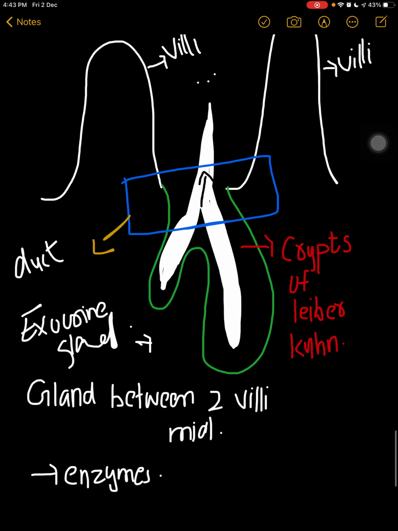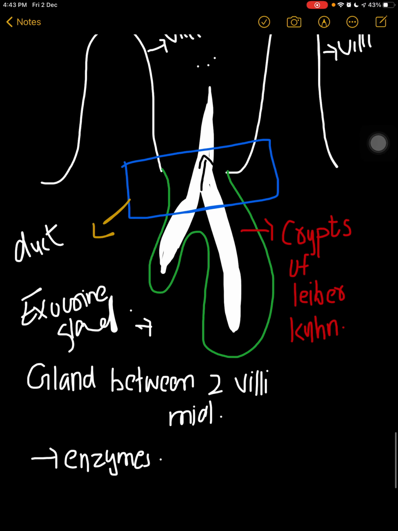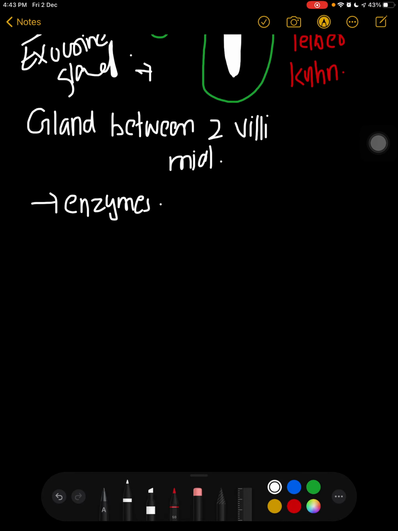The secretion of the crypts of Lieberkühn is known as succus entericus.